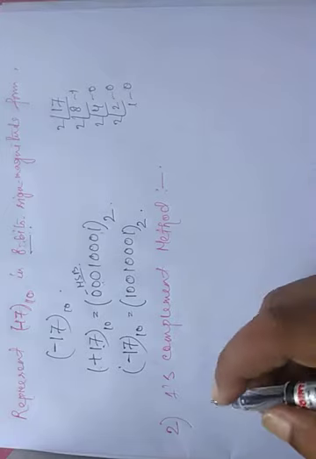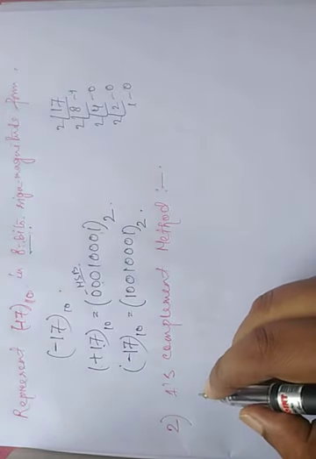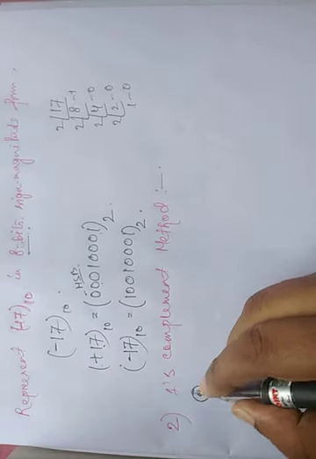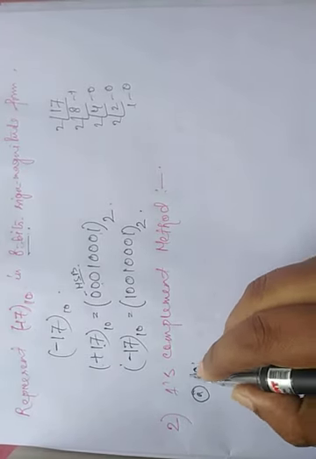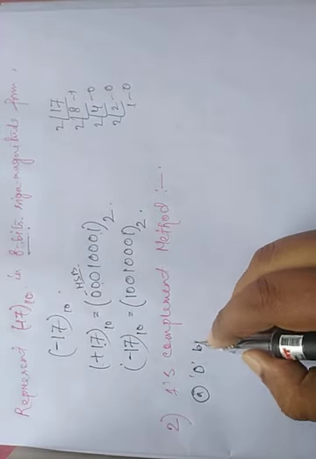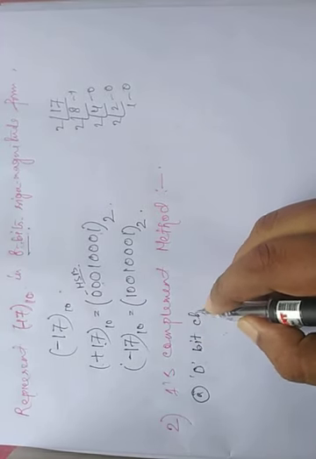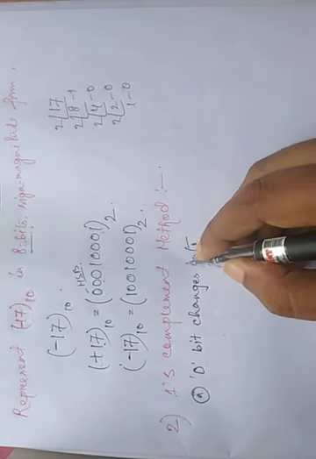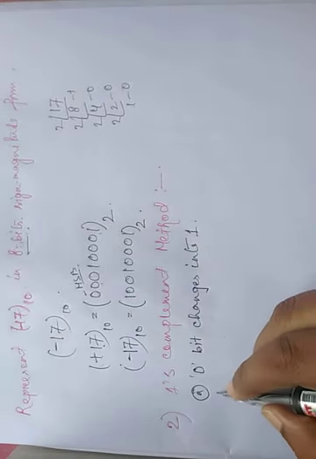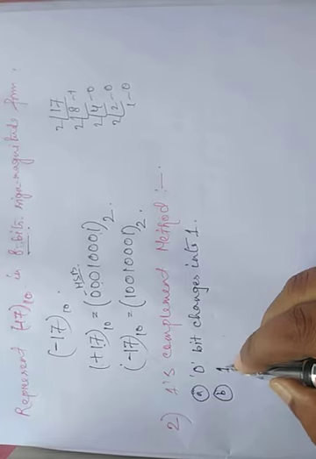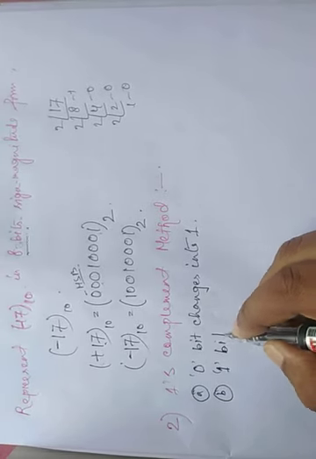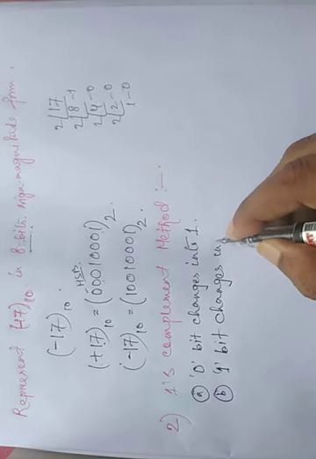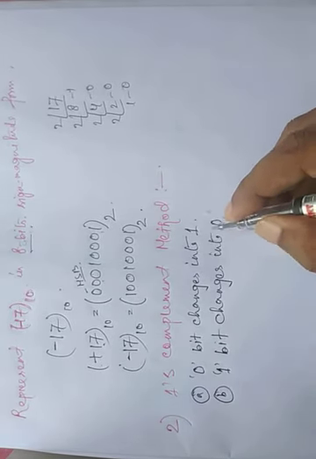Rules of 1's complement representation, there are 2 rules. 0 bit changes into 1, 1 bit changes into 0.